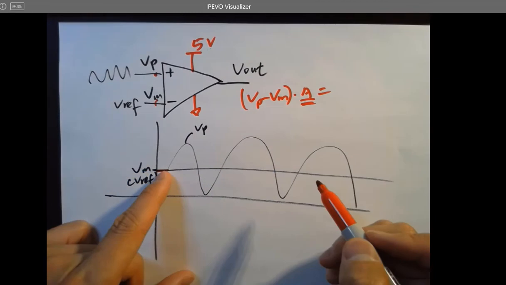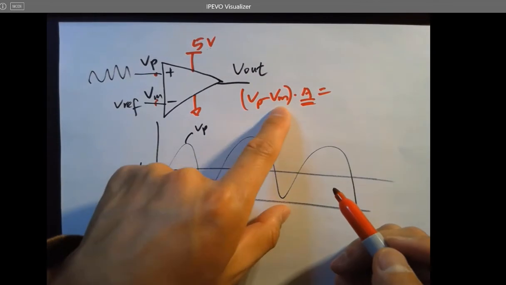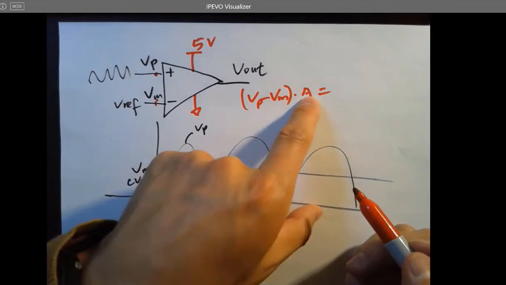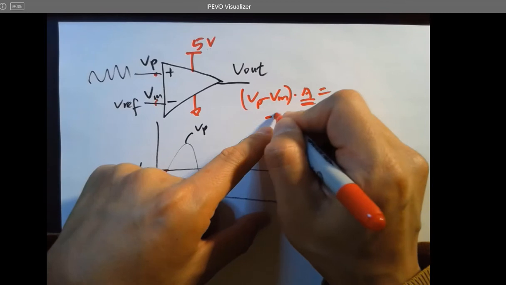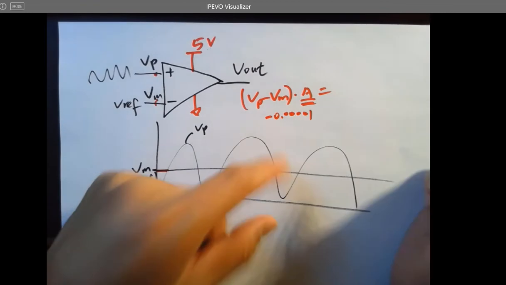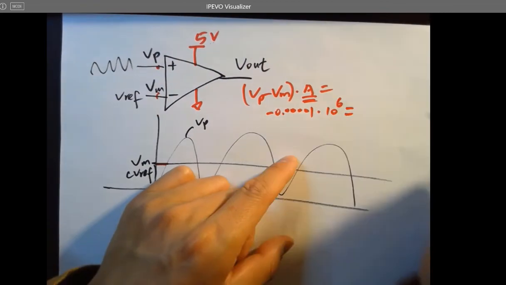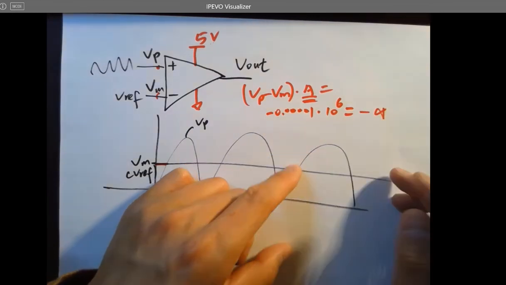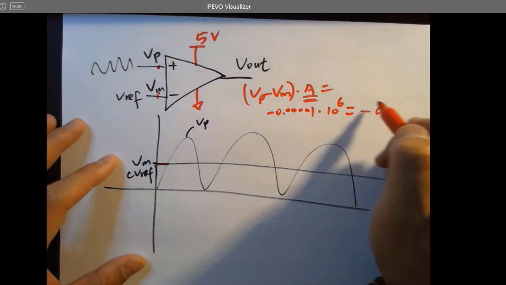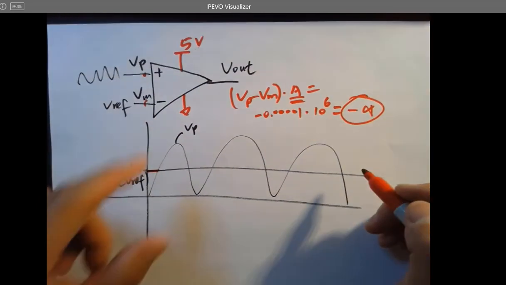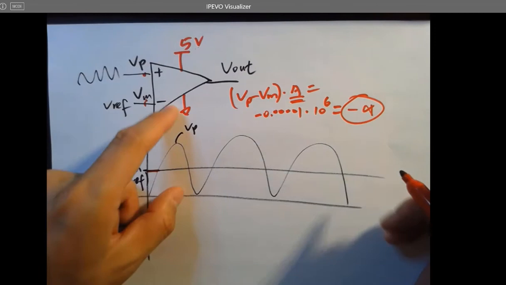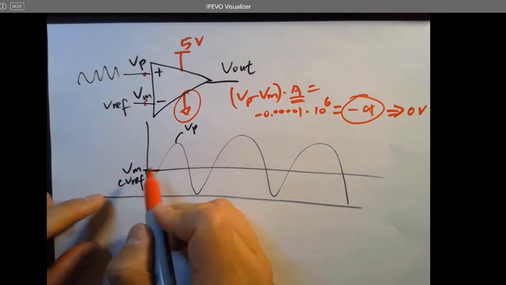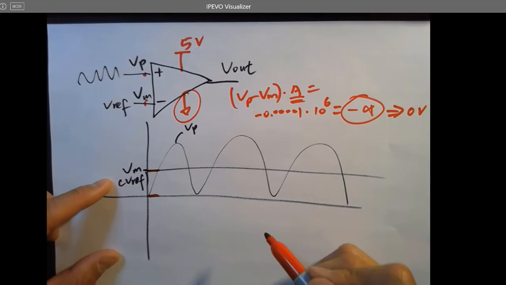Since Vm is larger than Vp, this will be negative, theoretically. A negative number like negative 0.000001, times 10 to the 6, gives a large negative number, right? This will not actually be reached here because the lowest potential is 0 volts. So this will actually be 0 volts. During this time period, you are getting 0 volts.